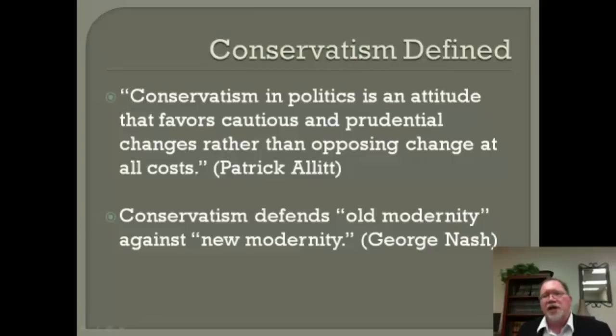Here's George Nash, a historian of American conservatism in particular, who says that conservatism defends old modernity against new modernity. Now, again, Nash is speaking of the American context here. So he's talking about American conservatives defending, when he uses this phrase, old modernity, what he's referring to is the sort of bourgeois values of the rising middle class of the 18th century.